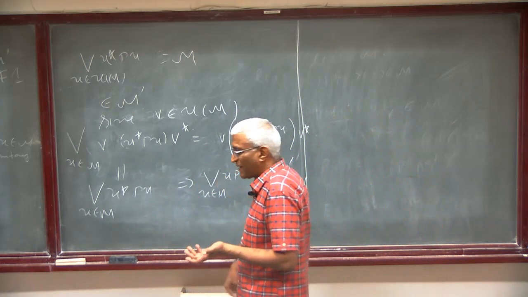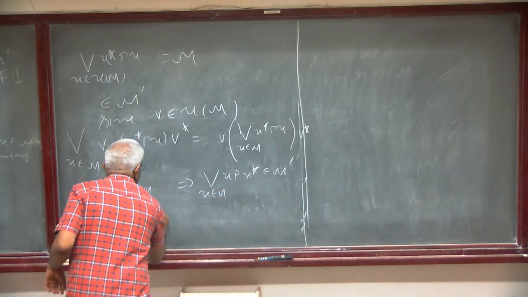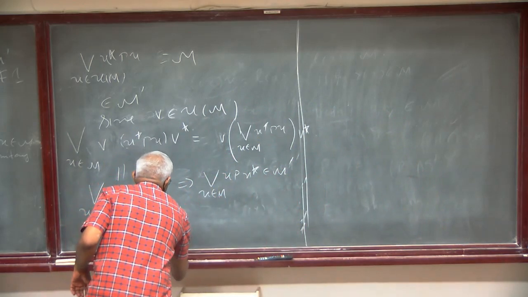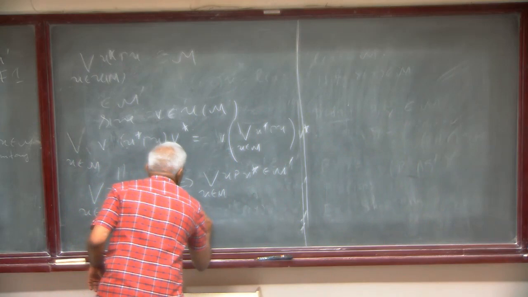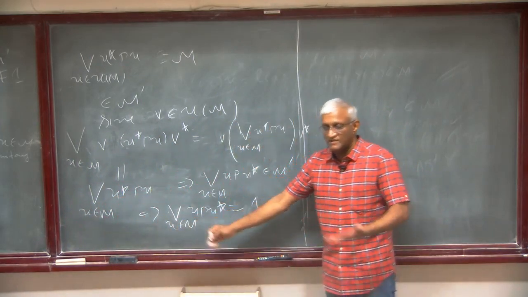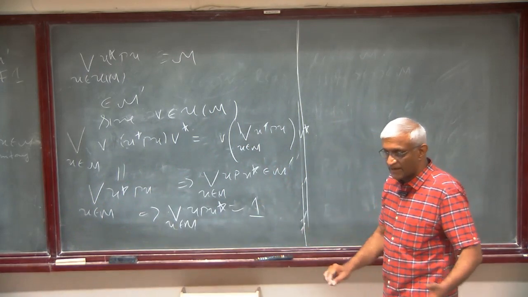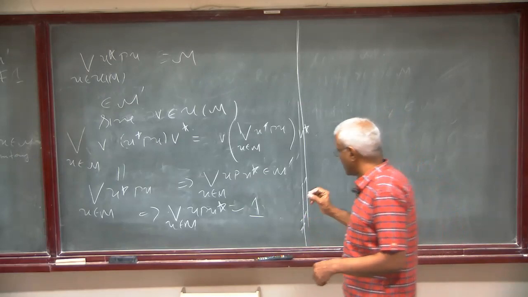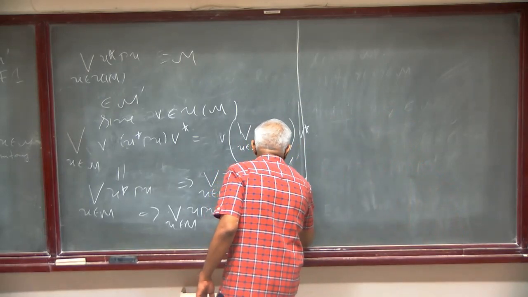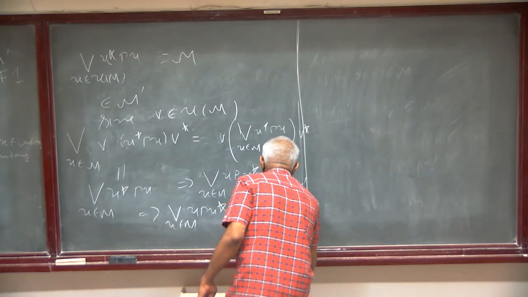So it's a positive projection which is in M and M prime, so it's identity. This implies that for U in M, UPU star is equal to identity. This is the projection, and that is both in M and M prime because M is a factor. So this is true only in a factor.